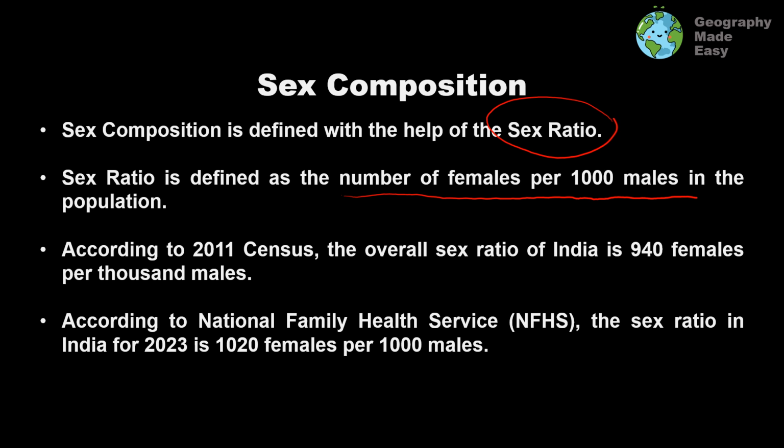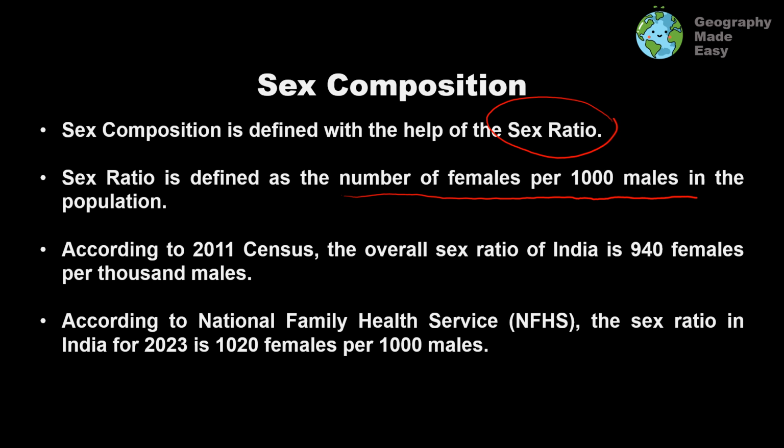Naturally, it is seen that the number of females is usually higher than the number of males in any population. This is because the female gene is stronger, so the chances of the female gene surviving are much more. Also, conception of the female sex is much more. This is a natural and medically proven fact.